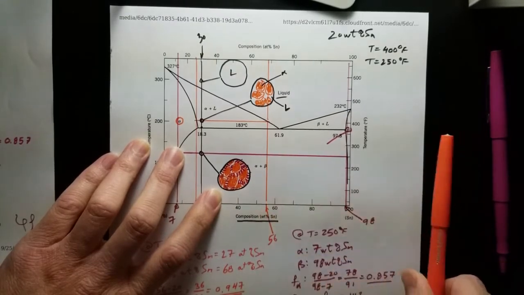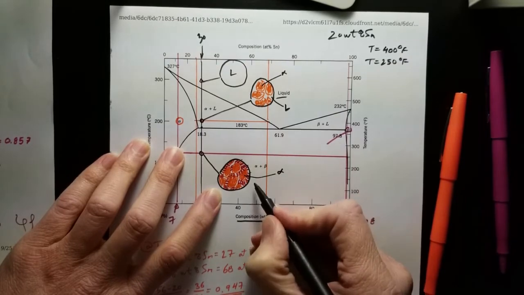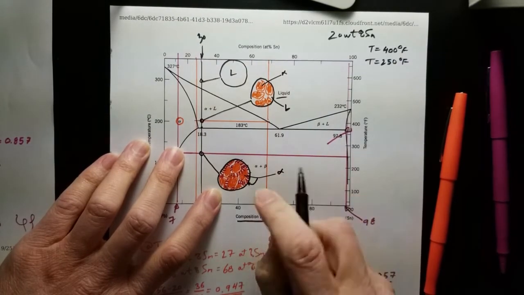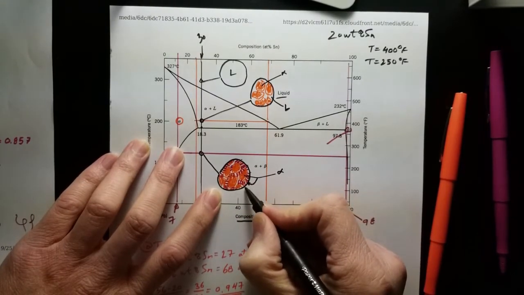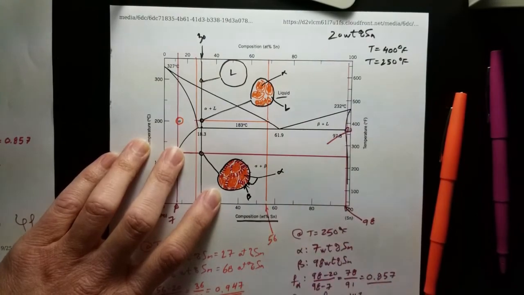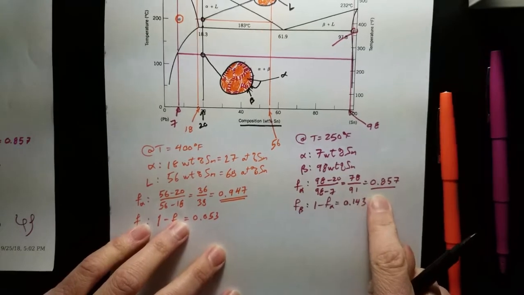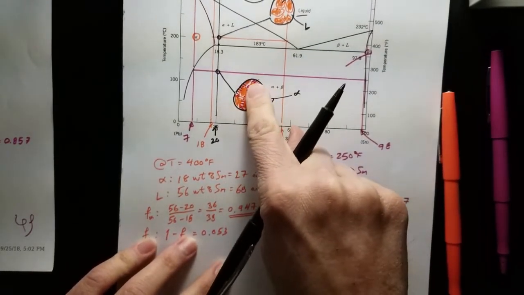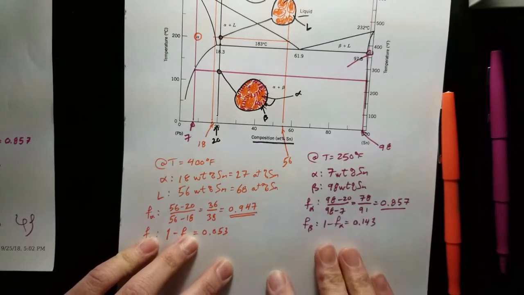So again, the orange is alpha, and we've got alpha there, and we also have alpha in between the lathe, and then we have our magenta color, which is beta. And of those, 85% of our microstructure is alpha, and 14.3% is beta.